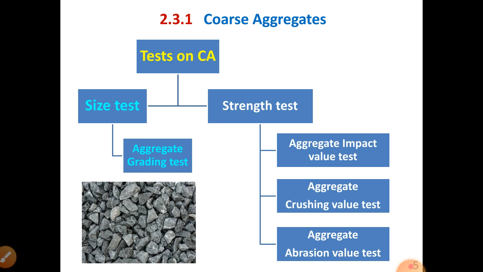In the strength test, different tests are carried out for the strength of coarse aggregate. First is the aggregate impact value test. Second is the aggregate crushing value test. And third is the aggregate abrasion value test.